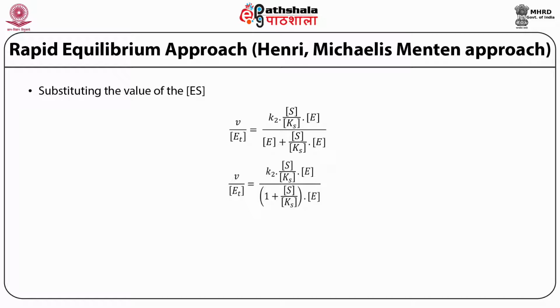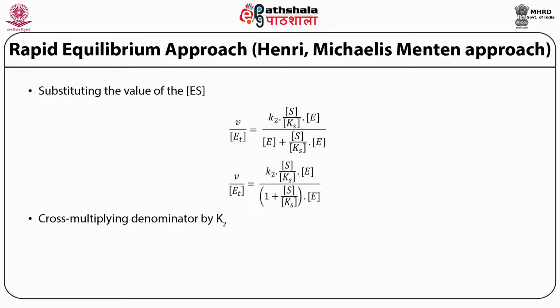What we did in the denominator on the right side is take out E as a common factor. So when E is taken common, E becomes 1, and the enzyme present along with the second part is taken as common.